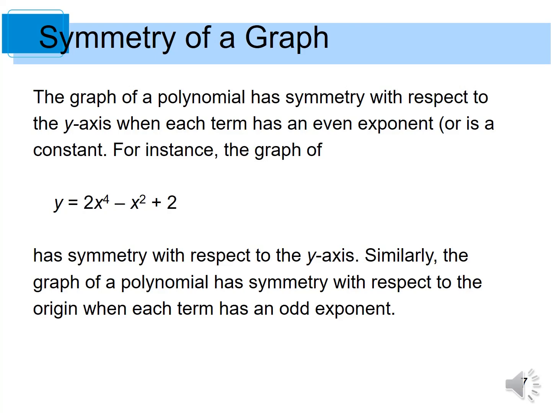We can say the graph of a polynomial has symmetry with respect to the y-axis when each term has an even exponent. So look at the example. We have power 4, power 2, and power 0.